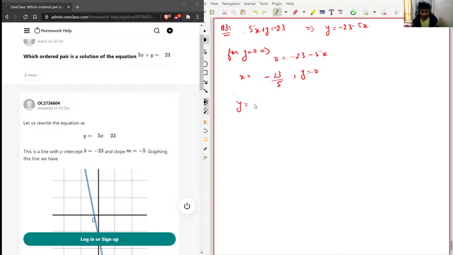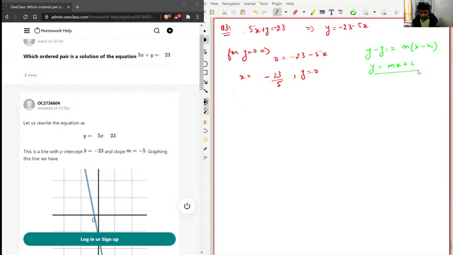So we generally have this equation, y minus y1 equal to m times x minus x1. And when we put x equal to 0, this is the normal equation, y equal to mx plus c.